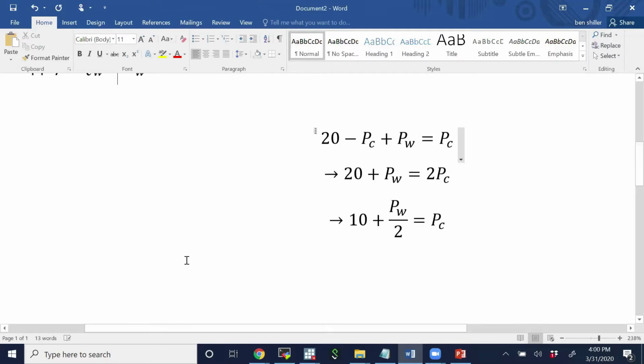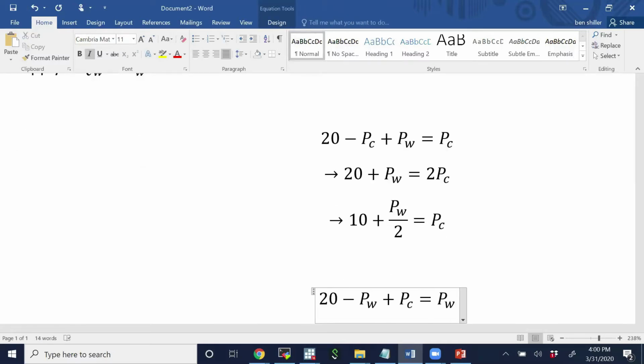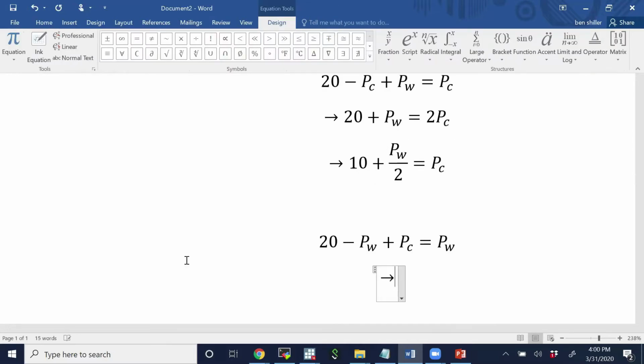In the wheat market, demand is equal to supply, where again the quantity of wheat supplied is just equal to its price in this example. If you go through the same steps, you would get that the price of wheat is equal to 10 plus the price of corn divided by 2. I skipped a few steps there, but you can go back and verify.